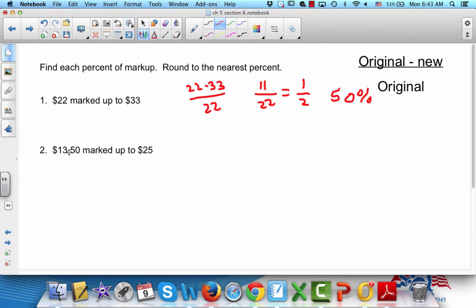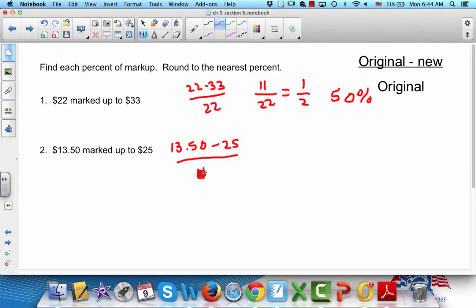All right, now I'm going to let you do this one. Try this one, stop the video, and then come back to me. Okay, so we've got $13.50 is the original price, minus $25, which is the new price. $13.50 minus 25 is $11.